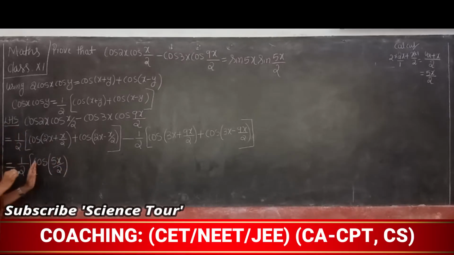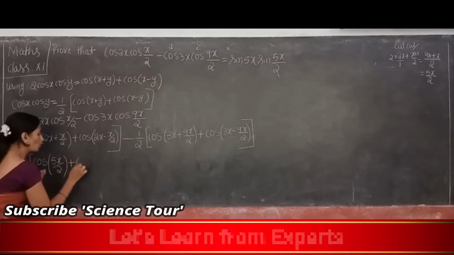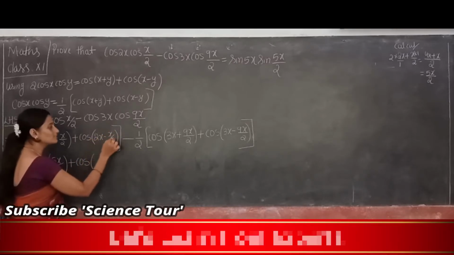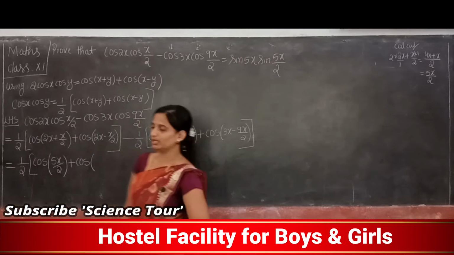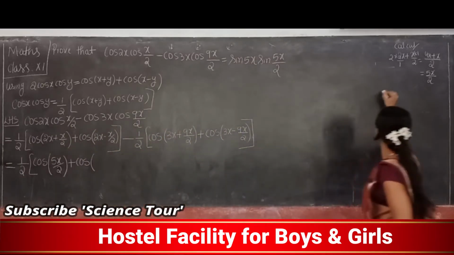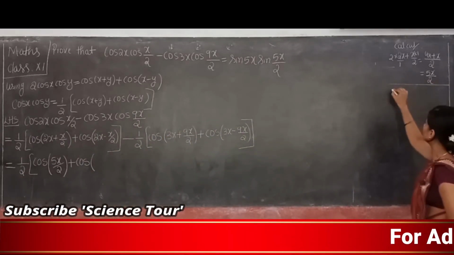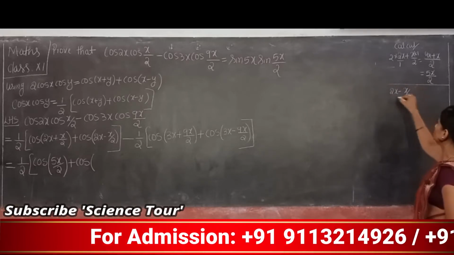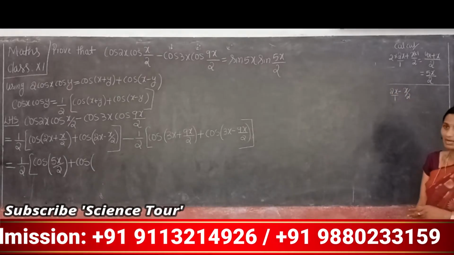Clear this? Plus cos, 2x minus x by 2. Simplification. 2x minus x by 2. So again 2 means it is 2 by 1.